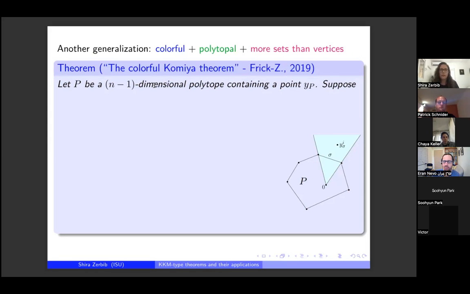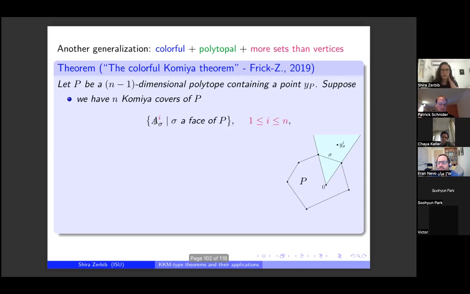So P is an n-1 dimensional polytope containing some point y_P. Here in the picture, the point is called 0. And suppose that we have n Komiya covers of P. So I have sets A sigma i, where sigma is a face of P, and I have this index i between 1 to n, so I have n such collections.